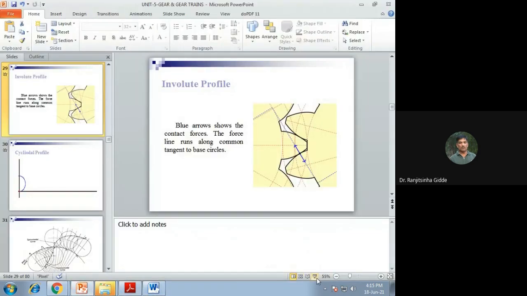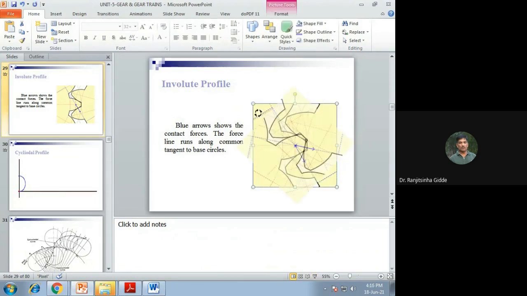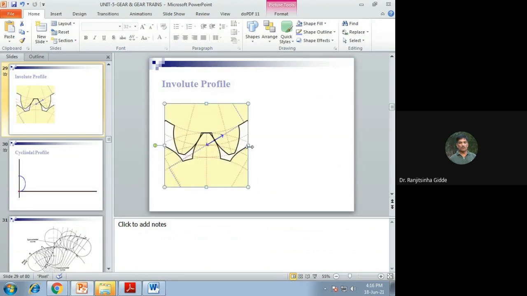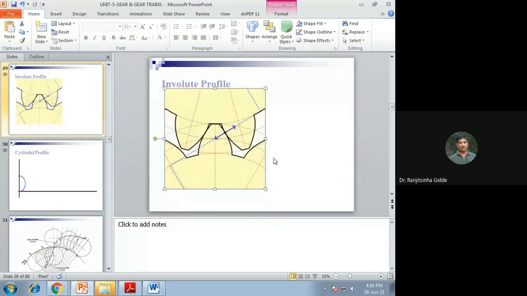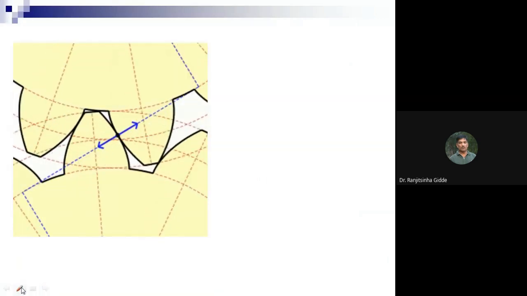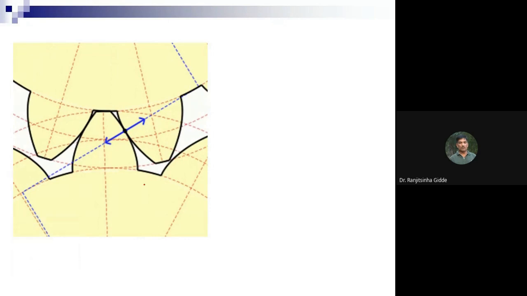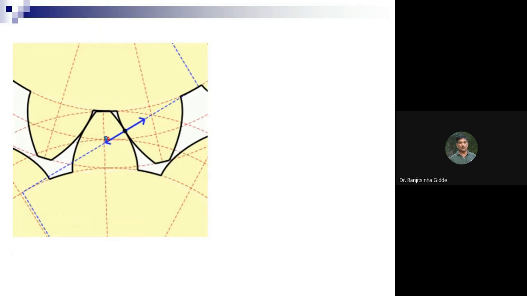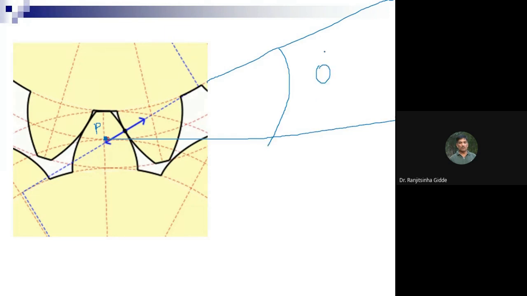Now, what does it tell? We will check. Here we have already seen many times: this is the pitch point, this is the tangent, and this is the line of action, and this angle is nothing but phi.